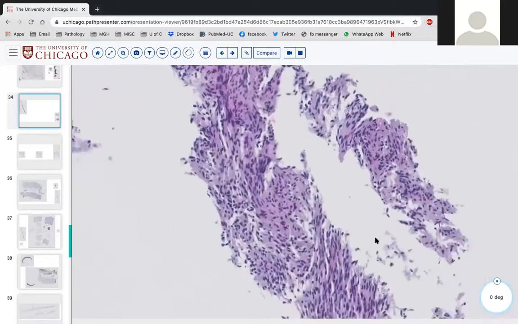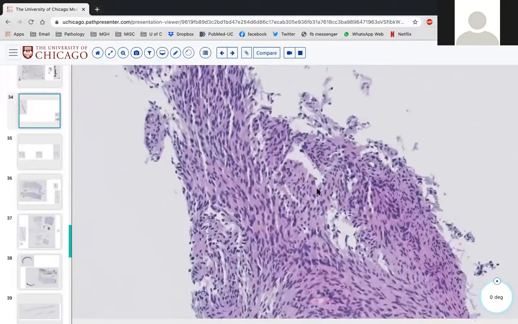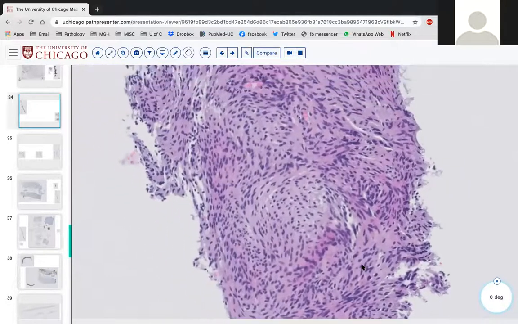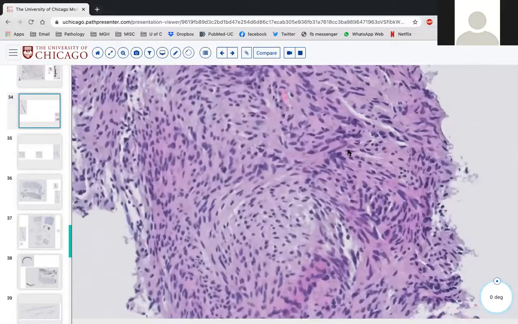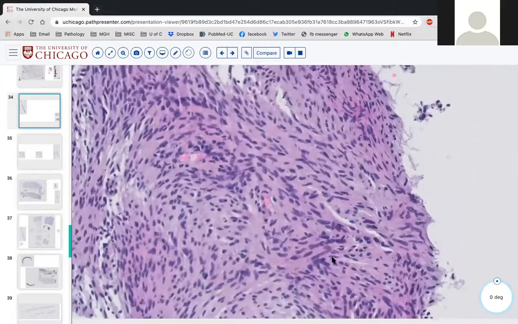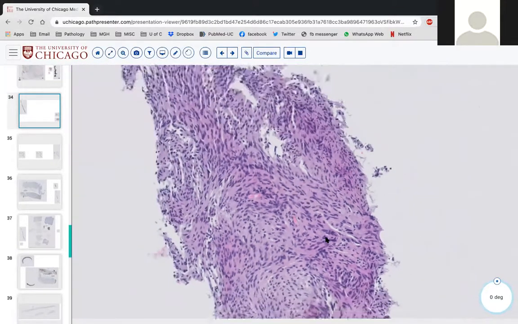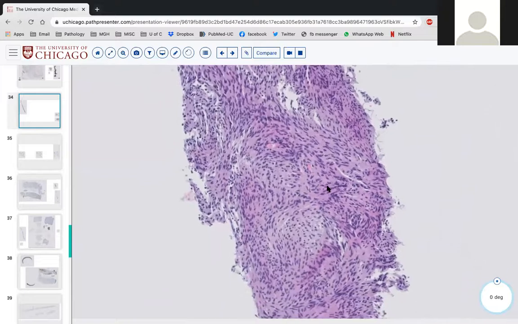I don't recall that I saw mitoses, at least not a ton, or necrosis. And a little bit unlike the last one, the stroma is a little bit myxoid, but it's generally a little bit more pink-blue than the previous case.